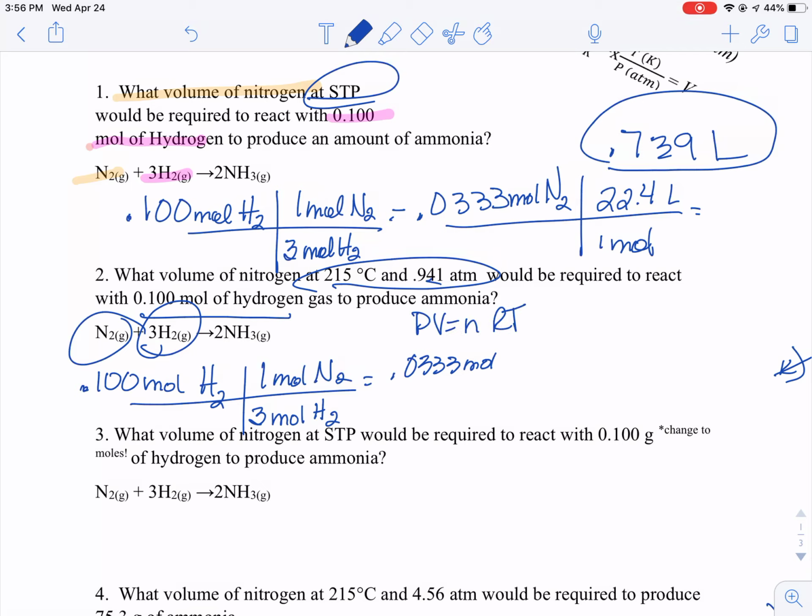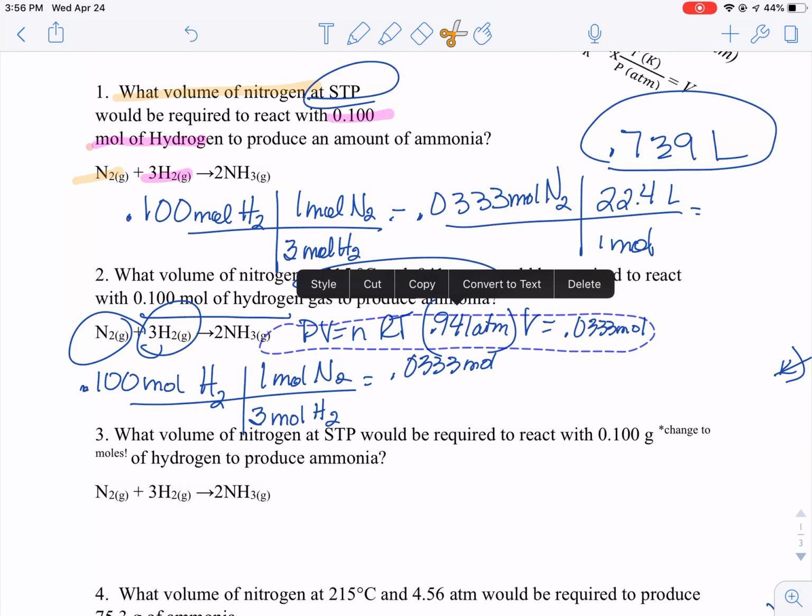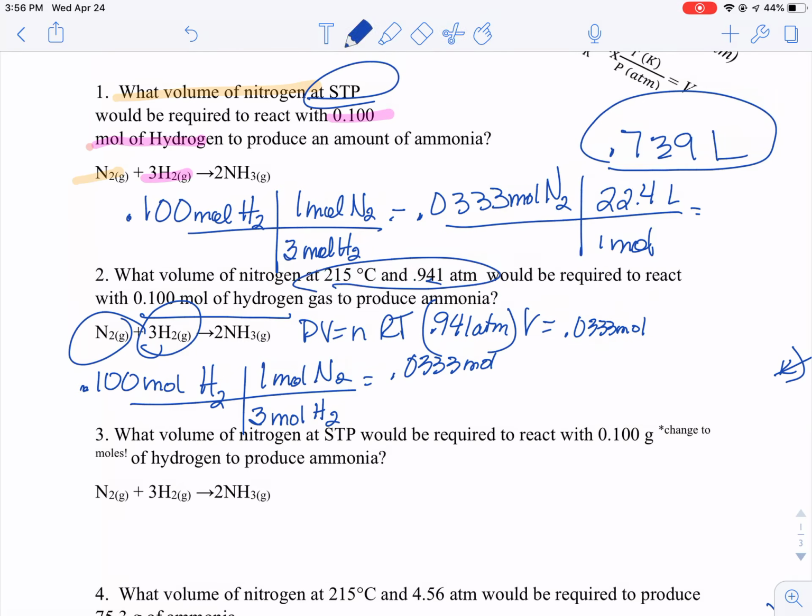The pressure given is 0.941 atmospheres. Volume is what we're solving for. The number of moles is 0.0333 moles. I'm going to have to move this over. Again, you would think I would know what I need because I've done this twice today already. 0.0821 is our gas constant.